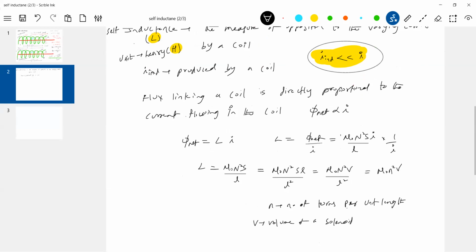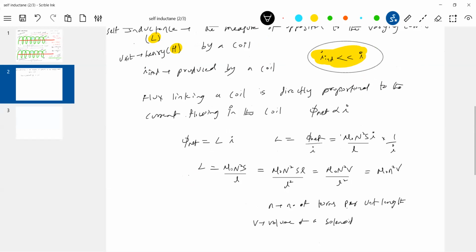So what does this inductor do now? It depends on the length L, the volume V, the area of cross section. So it just depends on physical parameters, like capacitance epsilon naught A by d. Here also the inductance depends upon the physical dimensions of the coil.